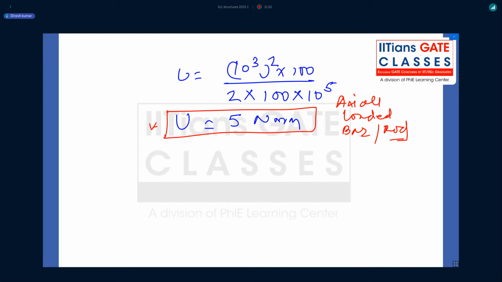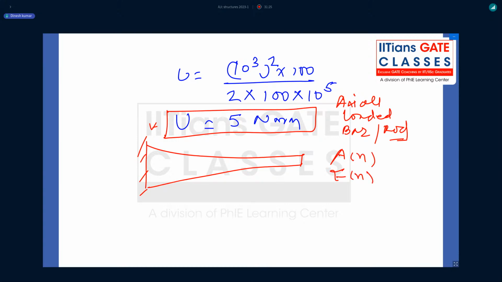Suppose guys, in the given question, your bar or rod is not prismatic. What does it mean? Suppose your area is a function of x, or your material is a function of x, or your load is a function of x. So in that case, what will be your strain energy?